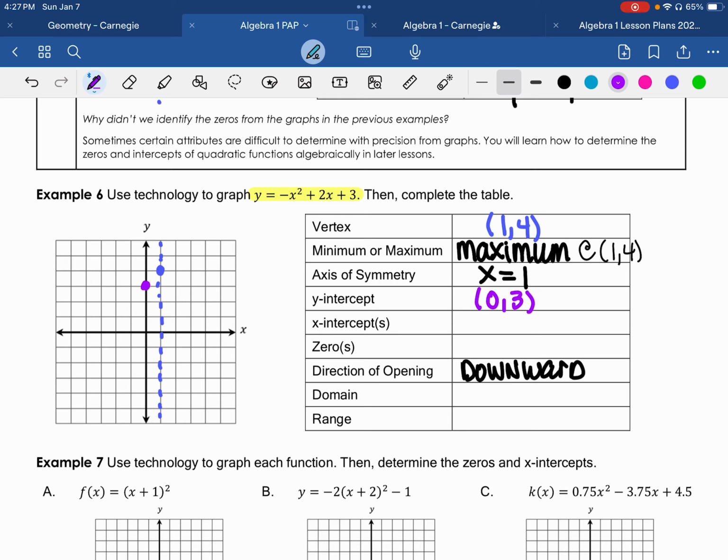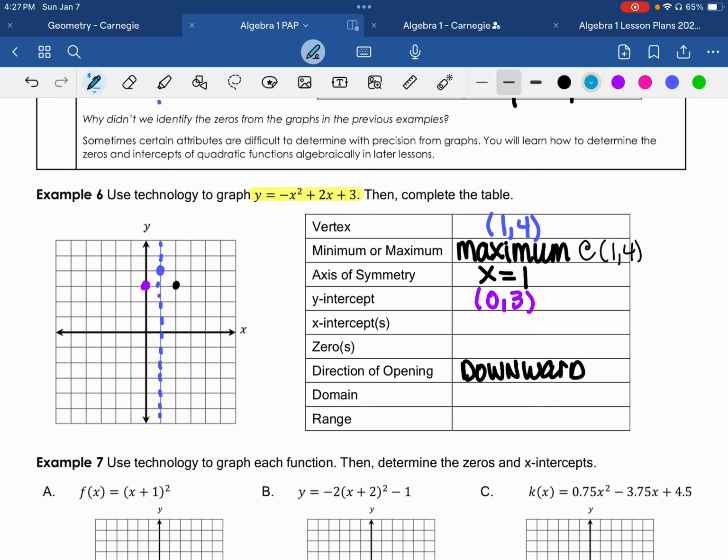There we go. Due to the nature of our axis of symmetry, we also knew that there was a point right over here because the y-intercept is only 1 away from the axis of symmetry. There has to be a symmetrical point 1 away on the other side. That's the great thing about the axis of symmetry.